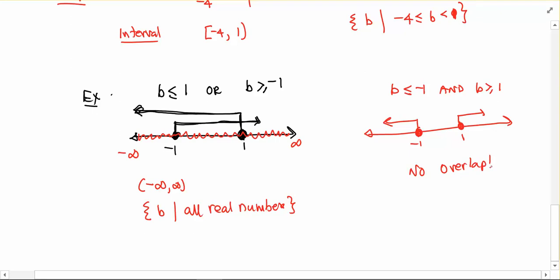So what do we say in this situation? We basically have no answer. So we would say no solution, and sometimes we say this, which is the empty set. It's empty, nothing, no answer, empty set.